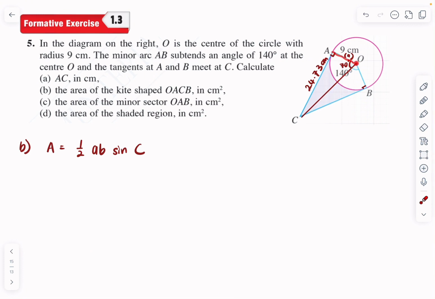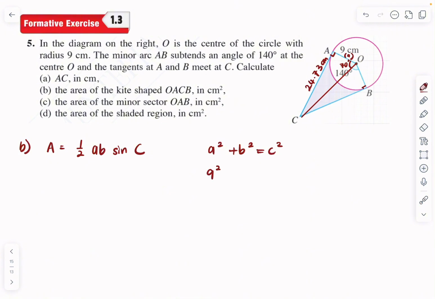But we only have this length. We don't have this length yet. So now we have to find. Okay, actually it's not that hard because this is a right angle triangle. You want to find hypotenuse. Pythagoras theorem. Okay, so let's do Pythagoras theorem first. A square plus B square equals C square. So our C is always the hypotenuse.